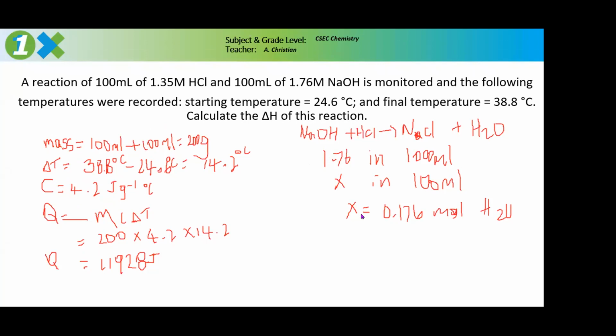All right, but here's, sir, what we did a while ago was to find out the amount of what in water? Number of moles in water. Oh, moles. All right, sir. Let me give it some time.